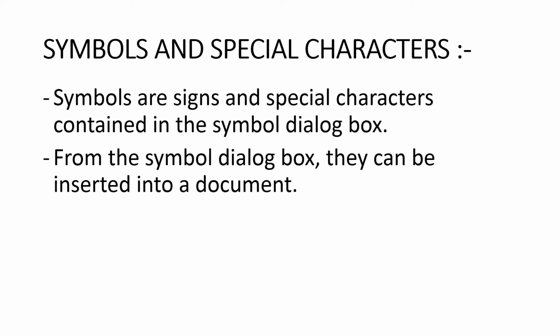A sequence of symbols appears when we change the font. Now, we will also see about special characters. The special characters tab in the dialog box contains a list of special characters and the keyboard shortcuts, and from that tab we can select whichever special character we want to enter inside our document.